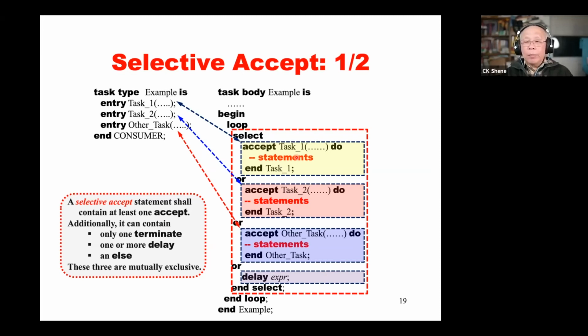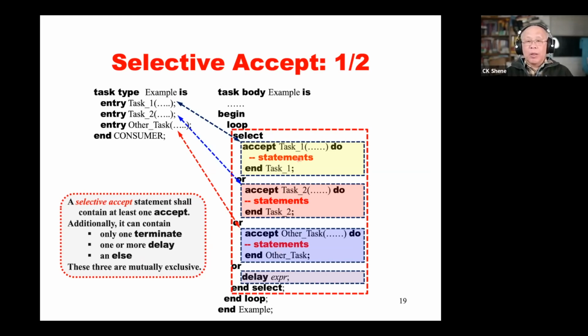Now, what if when we get into the select, this is not available, this is not available, this is not available, then we execute this delay. Now, whether these accept statements are available will be determined in parallel.